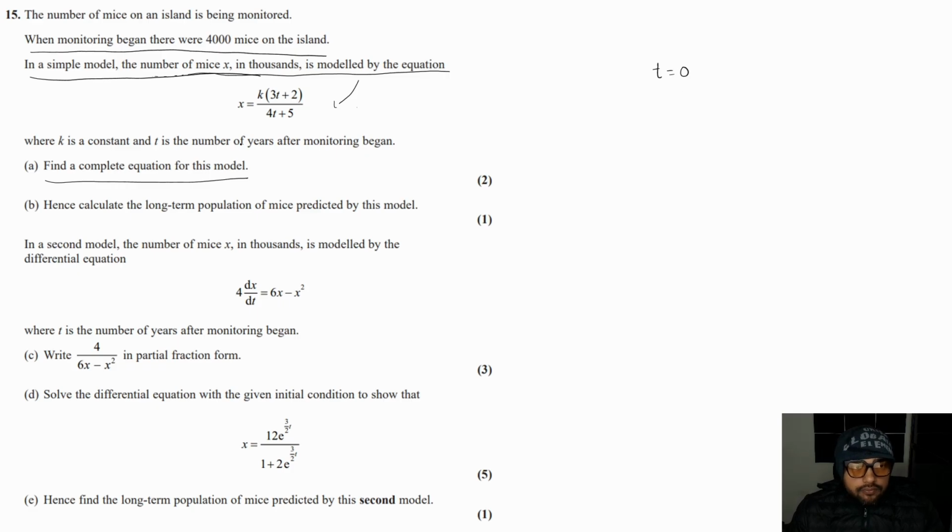And since the number of mice is in thousands, we'll be taking x equals 4 instead of keeping it as 4,000. Now plugging this value in the given model, what do we get? We get 4 equals k times 3 cross 0, which is 0, so we are left with 2 in the numerator and 5 in the denominator.